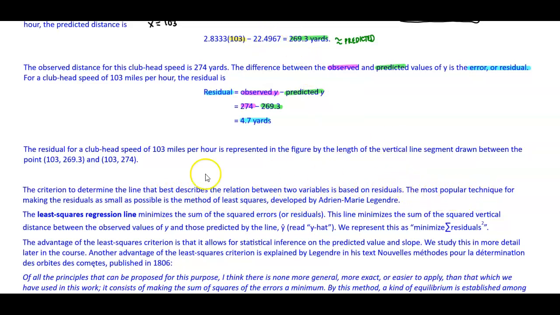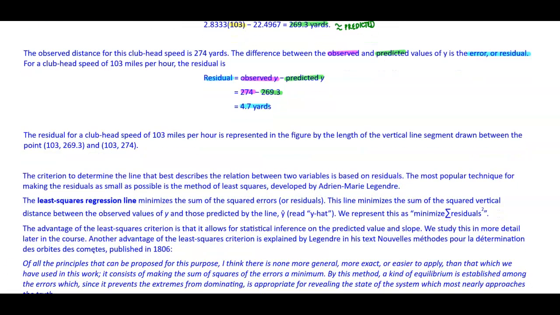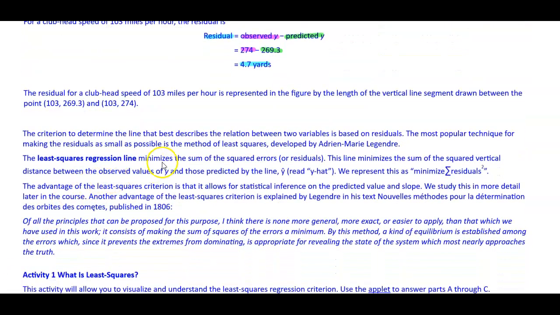The most popular technique for making the residuals as small as possible is the method of least squares, developed by Adrien-Marie Legendre. The least squares regression line minimizes the sum of the squared errors or residuals. The line minimizes the sum of the squared vertical distances between the observed values of y and those predicted by the line, y hat. We represent this as minimize the sum of the residuals squared.